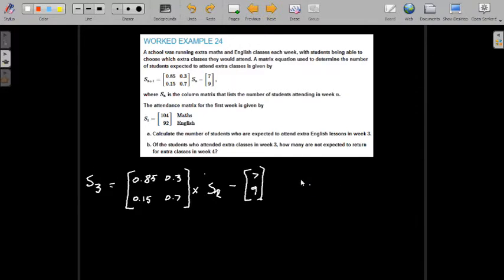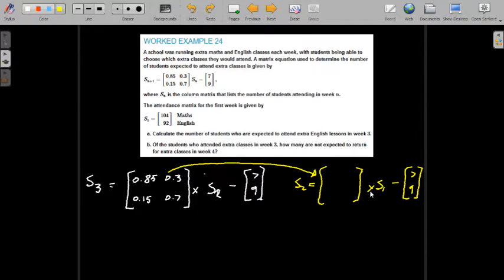So I'm actually going to take a step further back and work out what S2 is. So S2 is actually going to be the same matrix as in there, times S1, take that last little matrix there. And I know what S1 is now, because that's given to me at the start.